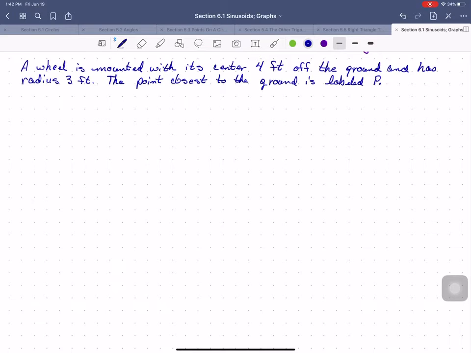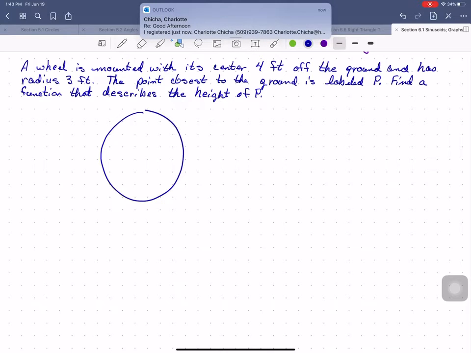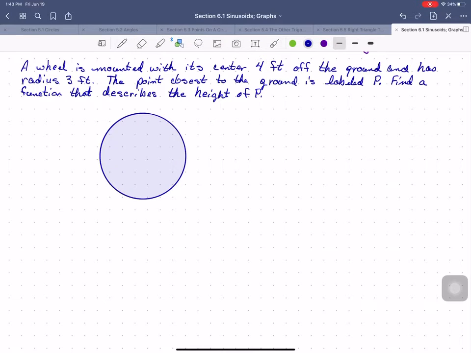And what we want is to find a function that describes the height of that point as the wheel is rotating. So this is my circle.